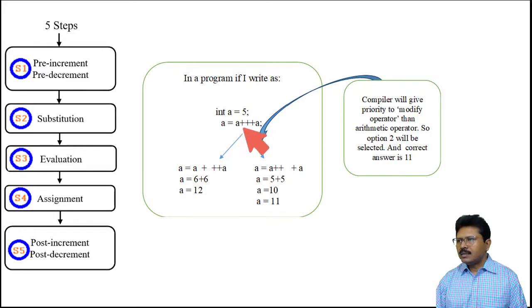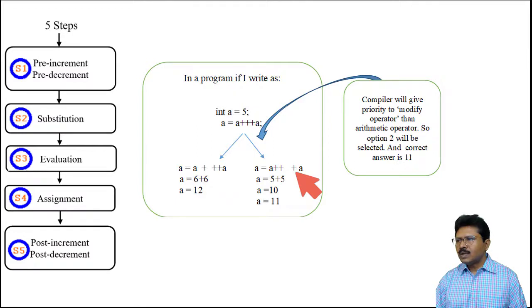This a plus plus plus a might be like this, a plus plus plus a, means this first plus might be considered as addition operator, next plus plus a might be the modify operator, or it might be like this, first two plus will be defined as modify operator and last plus might be defined as addition operator.